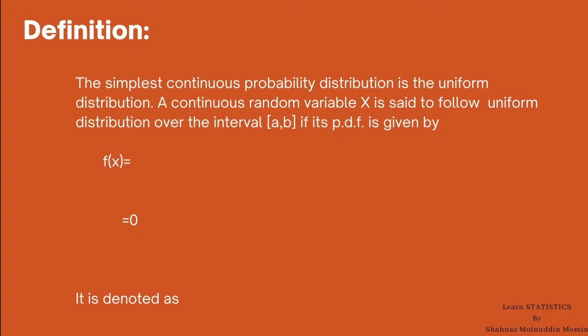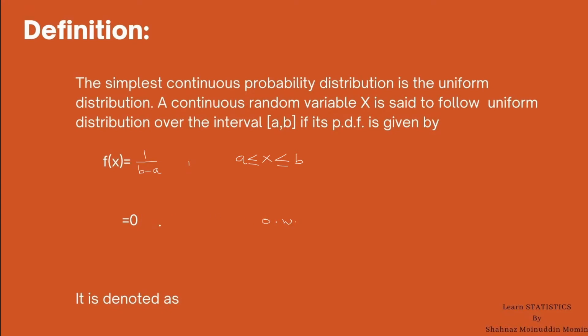A continuous random variable x is said to follow uniform distribution over the interval a to b if its p.d.f is given by, here p.d.f is probability density function, which is abbreviated as p.d.f and denoted by small f(x), and it is given by f(x) equal to 1 upon b minus a for the range a less than or equal to x less than or equal to b, and it is 0 otherwise.